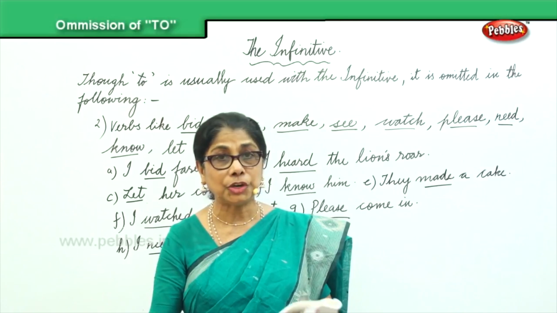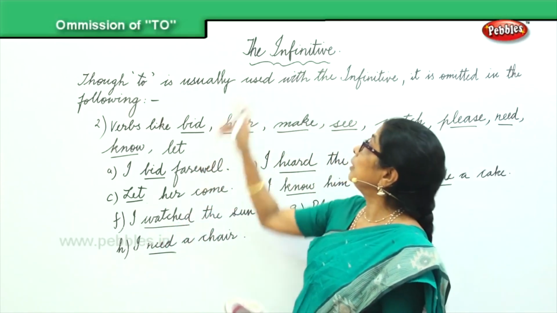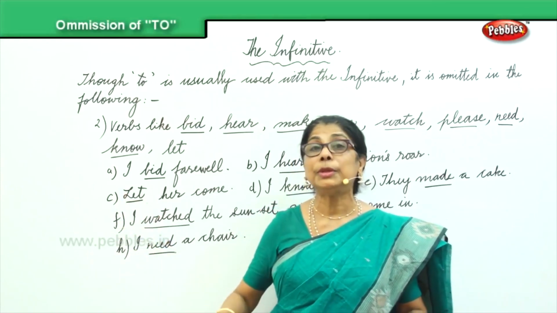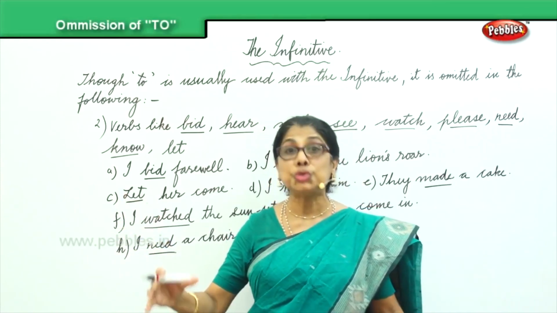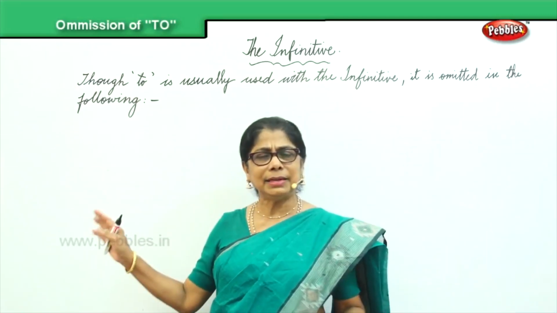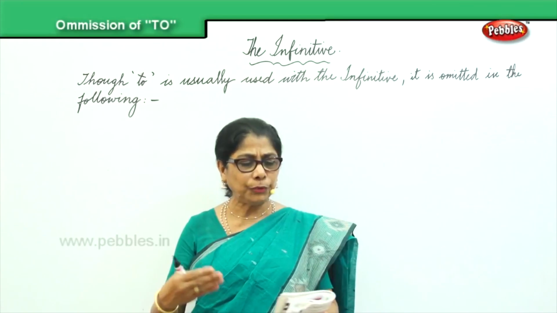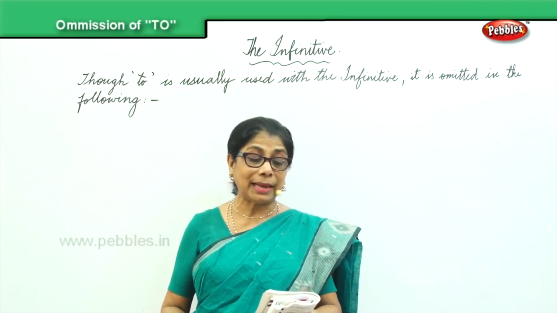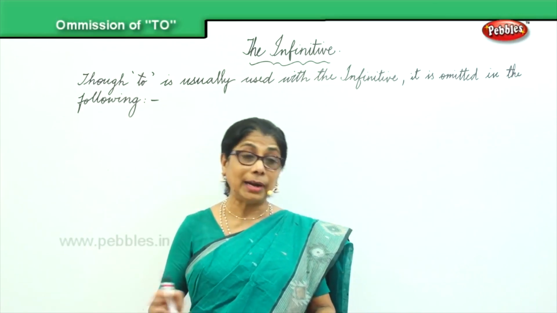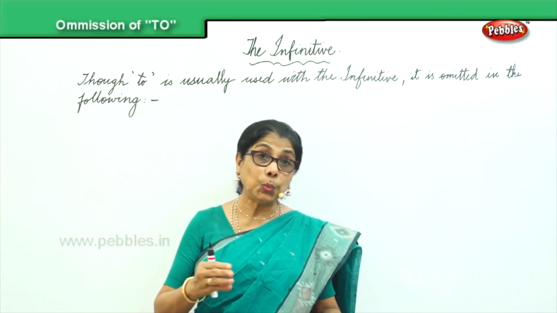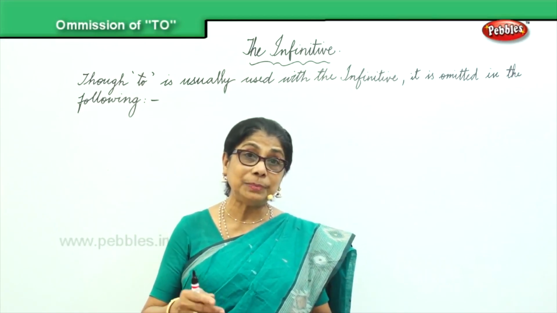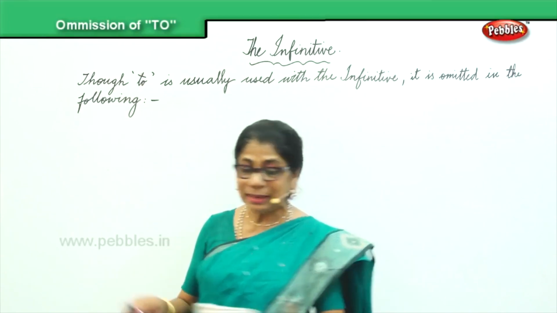Only in the formation of infinitive we use to, but while using these verbs, we normally omit to when forming sentences. In the third type, I have for you some more verbs like had better, rather than, would rather. Again, we omit to in forming these in a sentence. Okay, that's the third type.